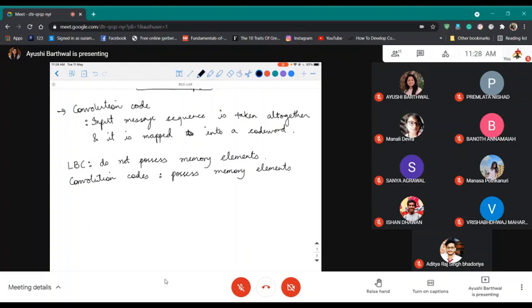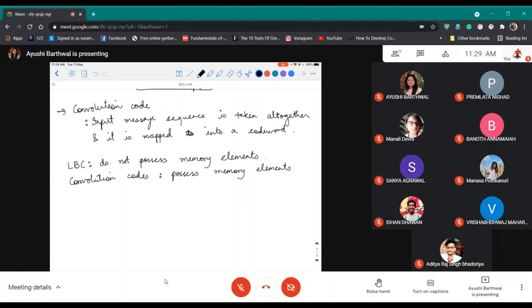So linear block codes do not possess memory elements, whereas convolution codes do.